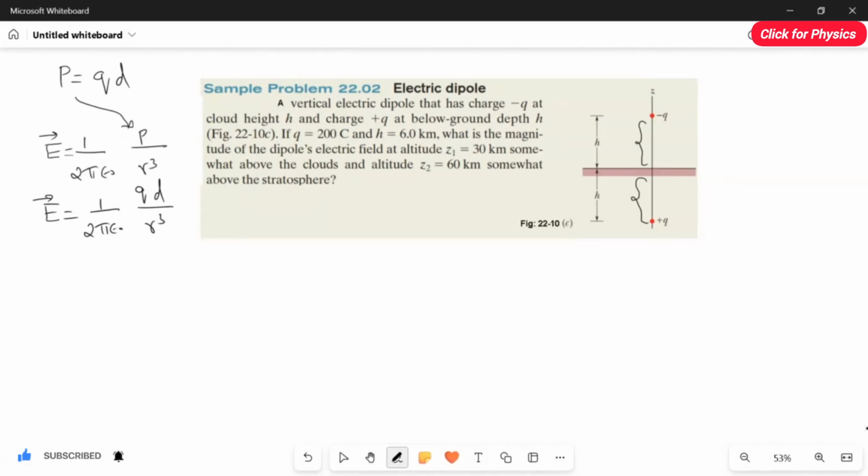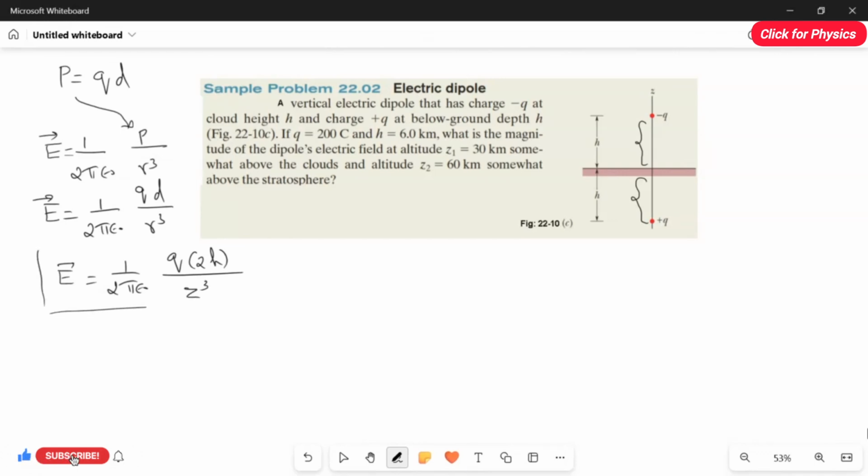What you will get is electric field E vector equal to 1 over 2 pi epsilon naught, Q multiplied by 2h over r cube. Here r is nothing but the distance, so in place of r, let's use the letter z. So I can write z cube.